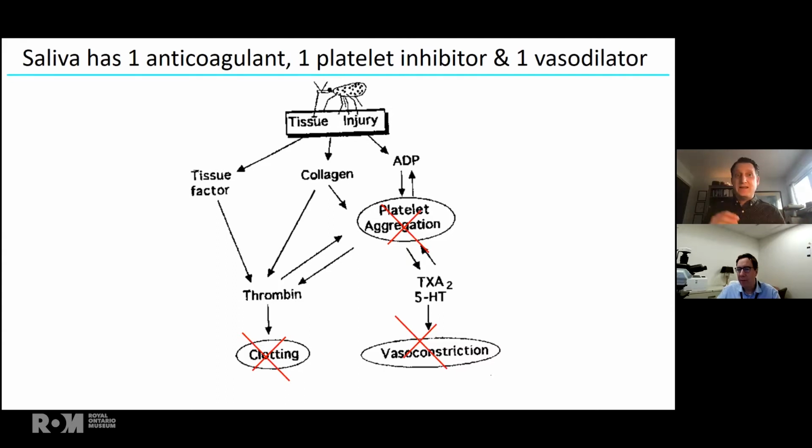They need at least one, but they do need each of these in order to feed effectively on blood. If they have one or more, they are more effective feeding on blood.